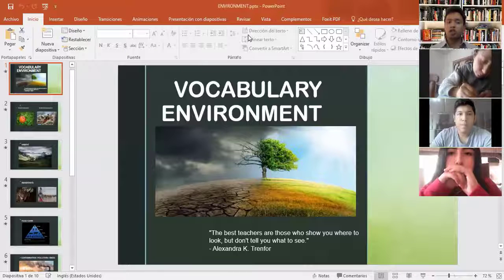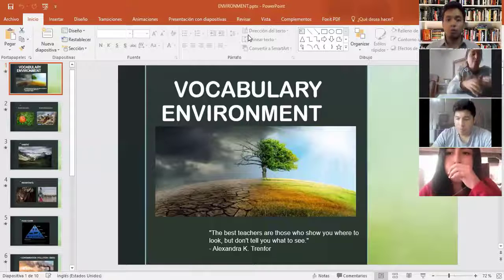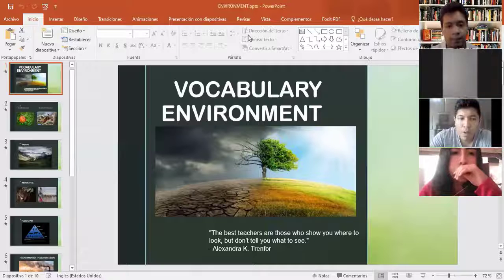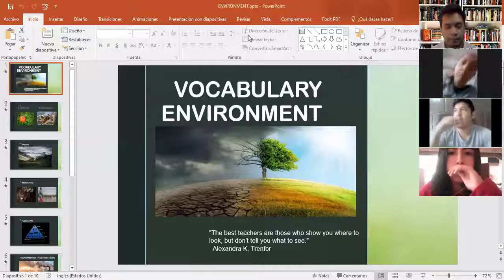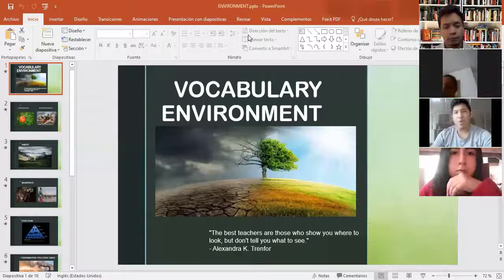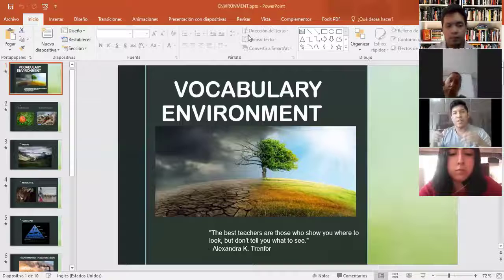Now, the food chain. This is something that we learned when we were in high school, right? So Gerardo, can you please tell me what's at the top of the food chain? For example, when an animal eats another animal, that's a food chain.